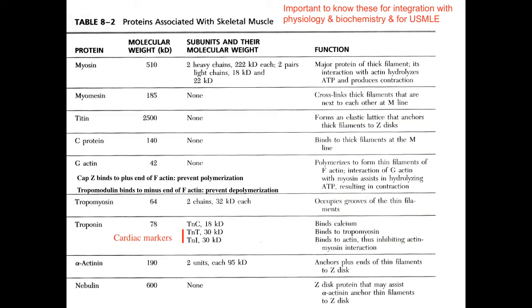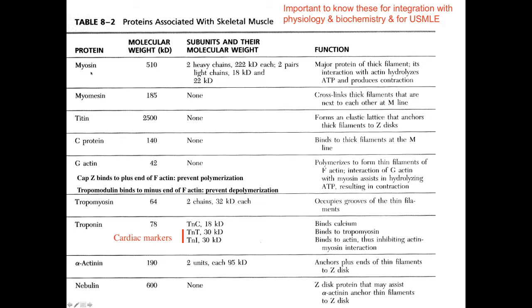There are a variety of proteins associated with skeletal muscle cells. You need to know about these proteins from the point of view of integrating what you've learned in biochemistry with what you're going to learn in physiology, and you need to know about these because you're almost certainly going to see questions about these different proteins on licensing exams.